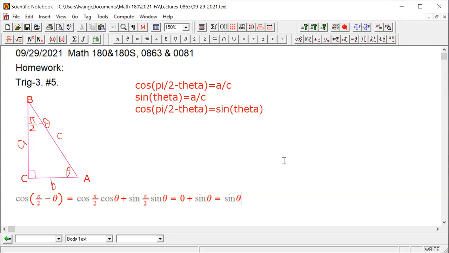Later on, I realized if I use this triangle thing, it helps me get it right. So this way could be your reference, right? To express sine by cosine, cosine by sine. Do you understand what I meant here? Yeah.